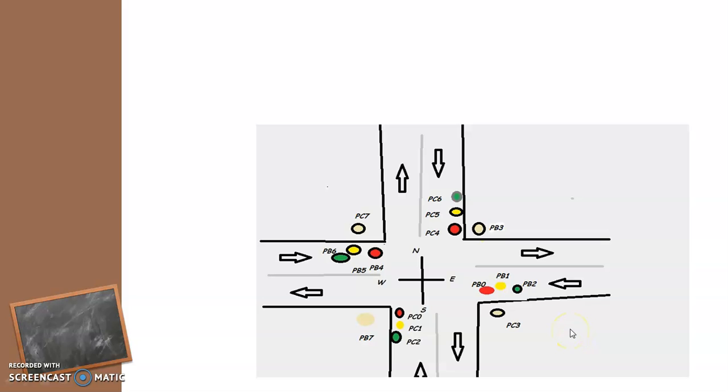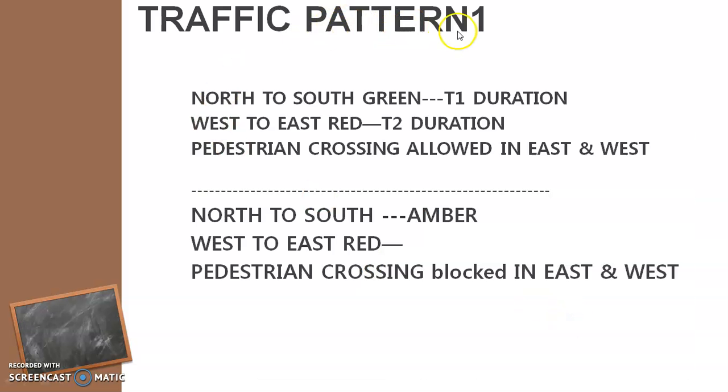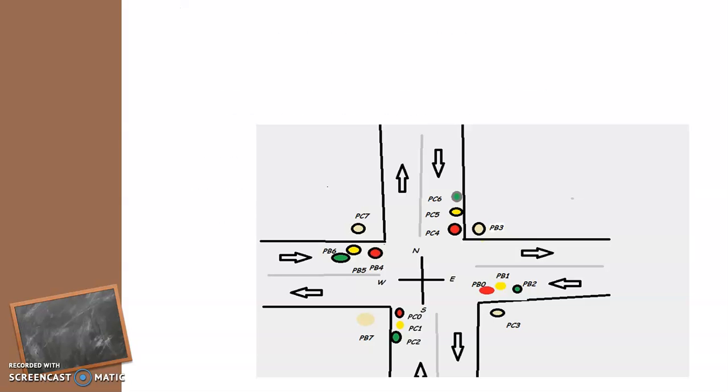Now how does the traffic light work? We will take a simple traffic scenario to understand how it works. We first take pattern 1. The traffic is allowed from north to south and also south to north.